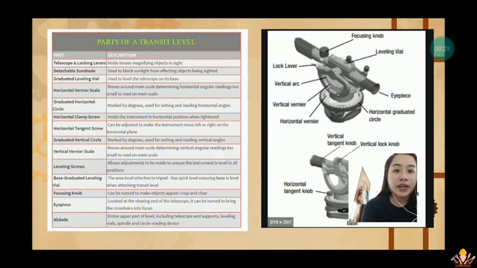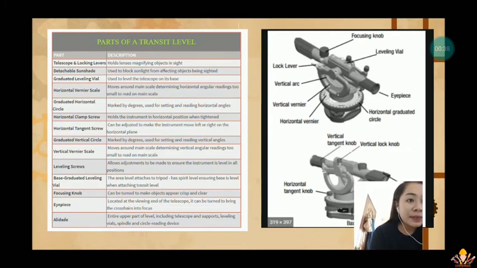We also have the graduated leveling vial, used to level the telescope on its base. So we have here on the other side the sample picture of a transit. We also have the horizontal clamp screw, which holds the instrument in horizontal position when tightened. The horizontal tangent screw can be adjusted to make the instrument move left or right on the horizontal plane.